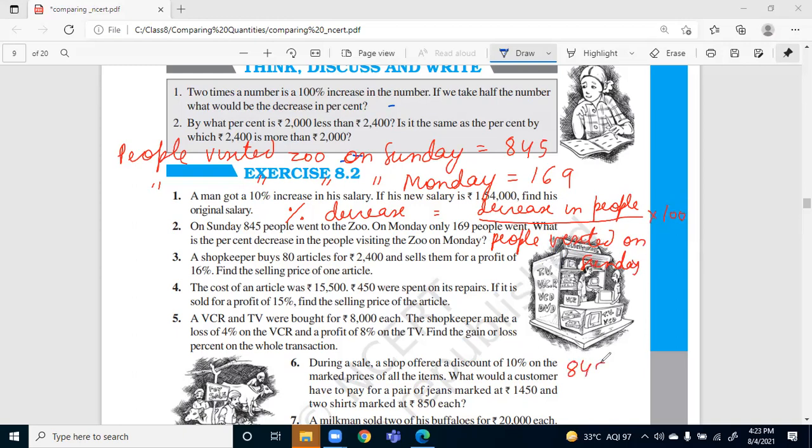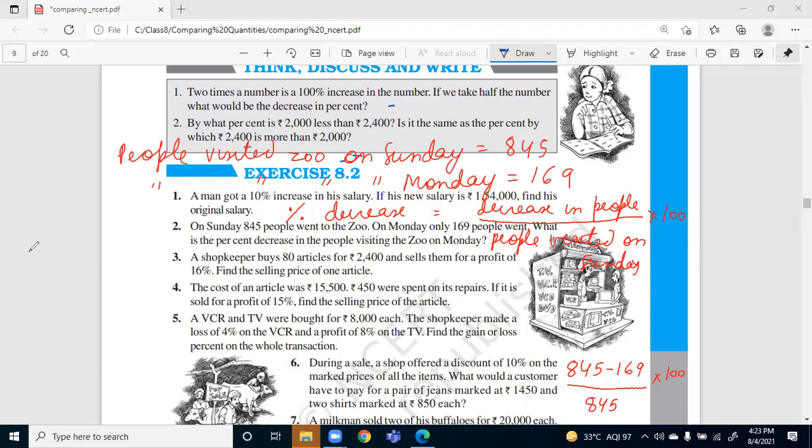So what is the decrease in people? It is 845 minus 169. So that many people got decreased, divided by the number of people who visited on Sunday. It is 845 into 100.